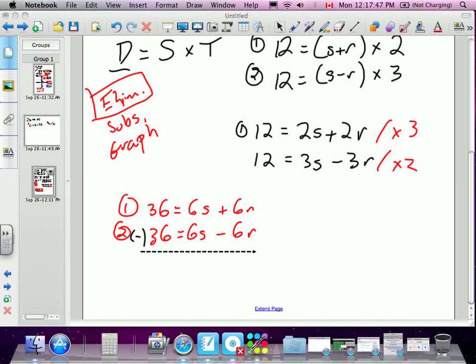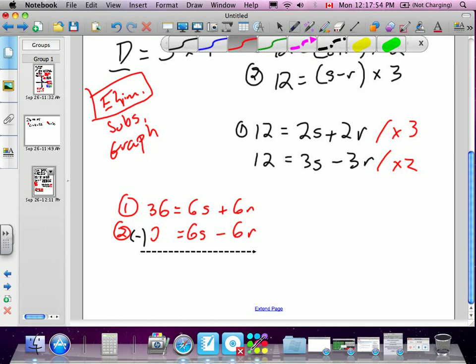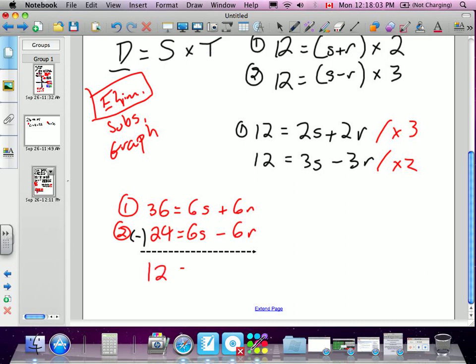So when we go to subtract, 36 subtract 24, 12. 6s subtract 6s, 0. 6r subtract negative 6r, 12r.